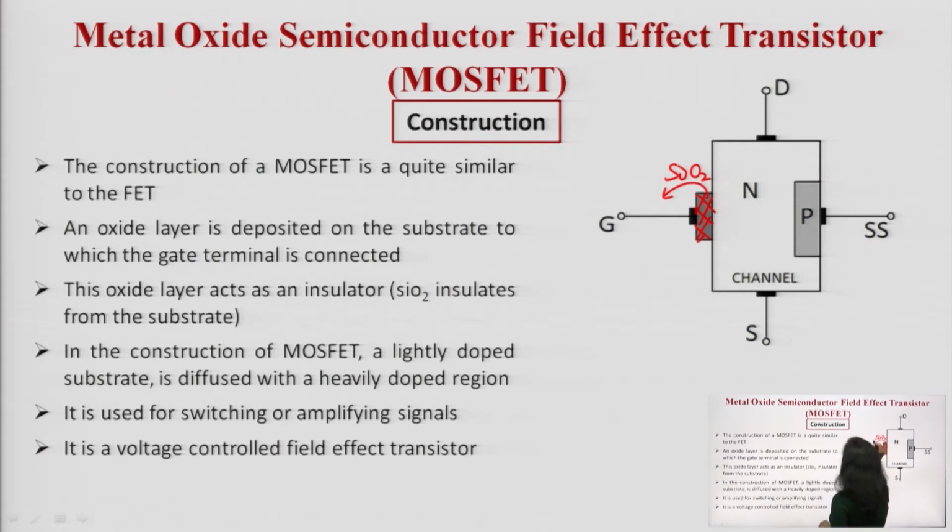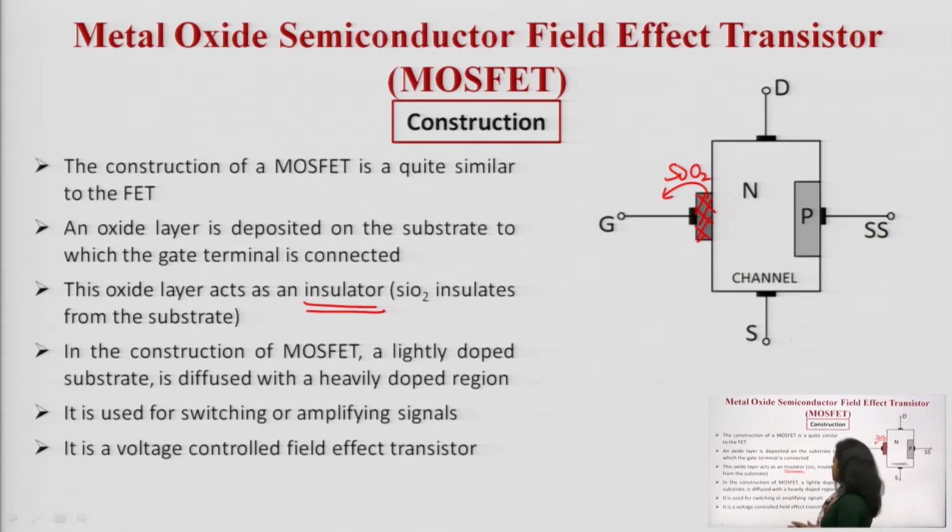This layer is deposited over here, and this oxide layer acts as an insulator. It keeps the gate separate from the body. So in this particular construction of MOSFET, a lightly doped substrate is diffused with a heavily doped region.